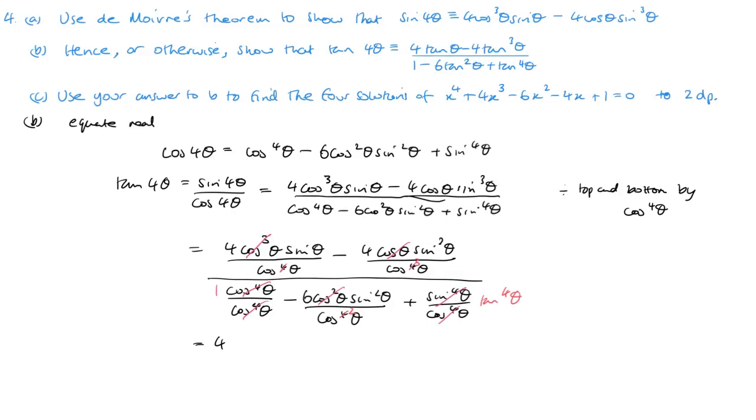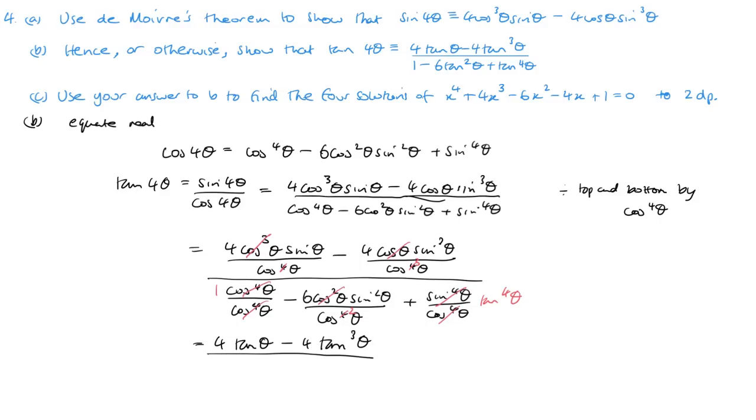So we've got 4. Sine theta over cos theta is tan theta, minus 4 tan cubed theta.